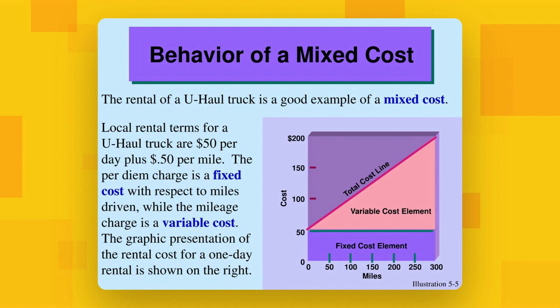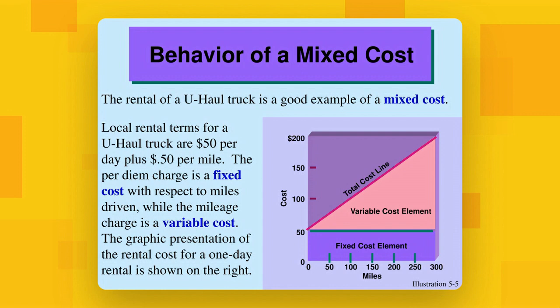rental of a U-Haul truck is a good example of a mixed cost. Alright, so local rental terms of the U-Haul company are $50 per day plus $0.50 per mile. So, class, $50 here is your fixed cost, while $0.50 per mile here is your variable cost per unit.